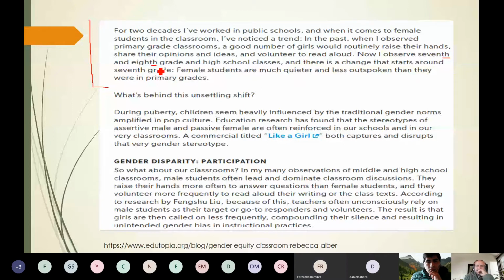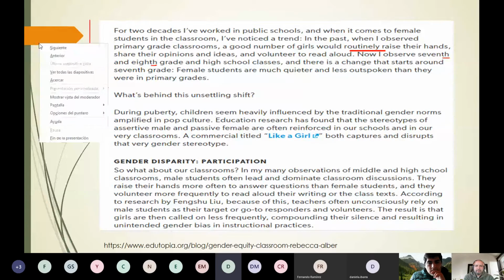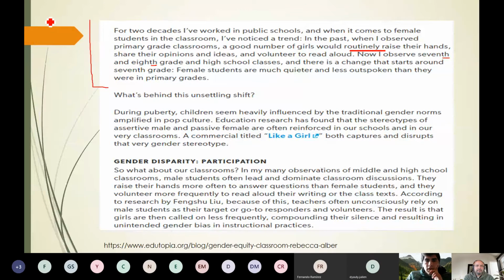Now, where would you place the lexical stress, or the primary stress, on this word? And this is a question for everyone, right? For example, I pronounce that word routinely, I think, in the third.